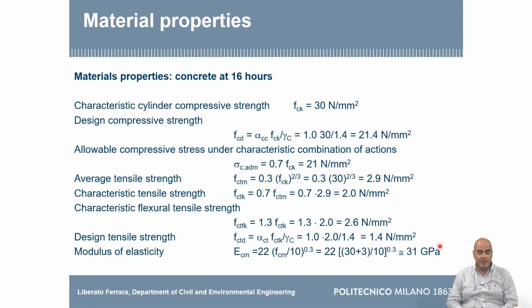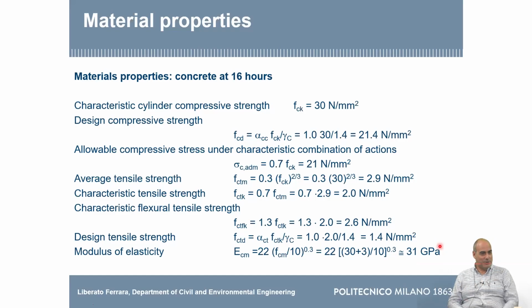But there is also another difference. Well, modulus of elasticity changes because the strength changes, but the formula is the same. Alpha C is 1. And why? Well, there are no long terms. This is a transient design situation. It will last a few days.